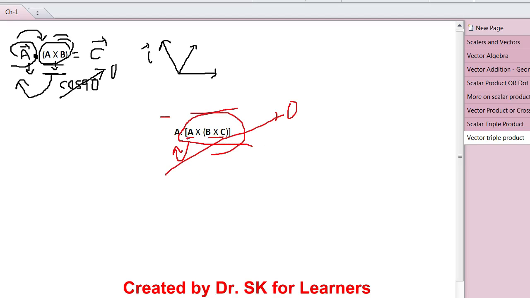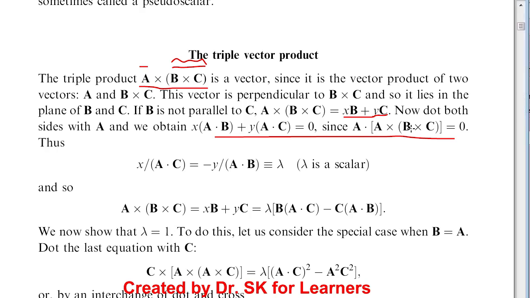So that is what they have discussed here. If you multiply with A in dot product, the result will be 0.